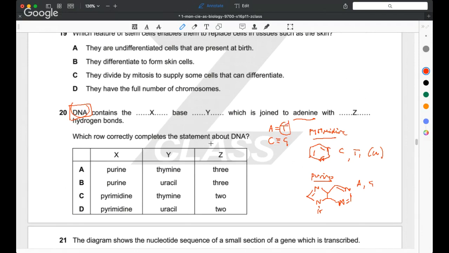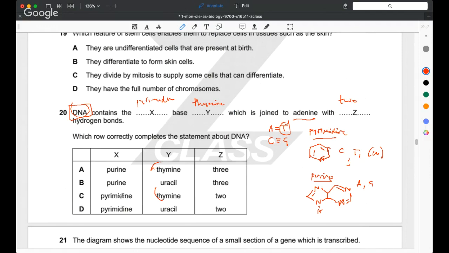So that means that it's going to be that one, isn't it? Or that one down here. So the base is thymine, and it's joining with 2 of these hydrogen bonds. And the thymine is based on pyrimidine.